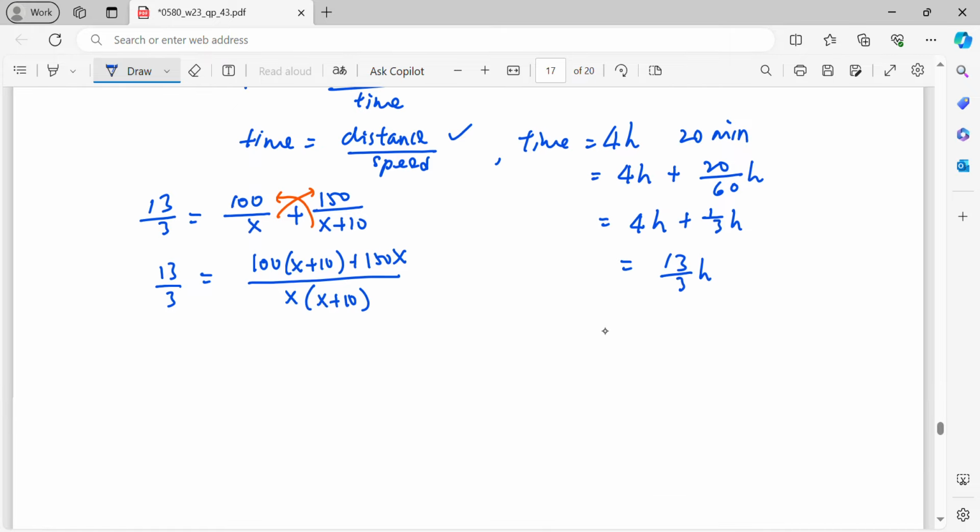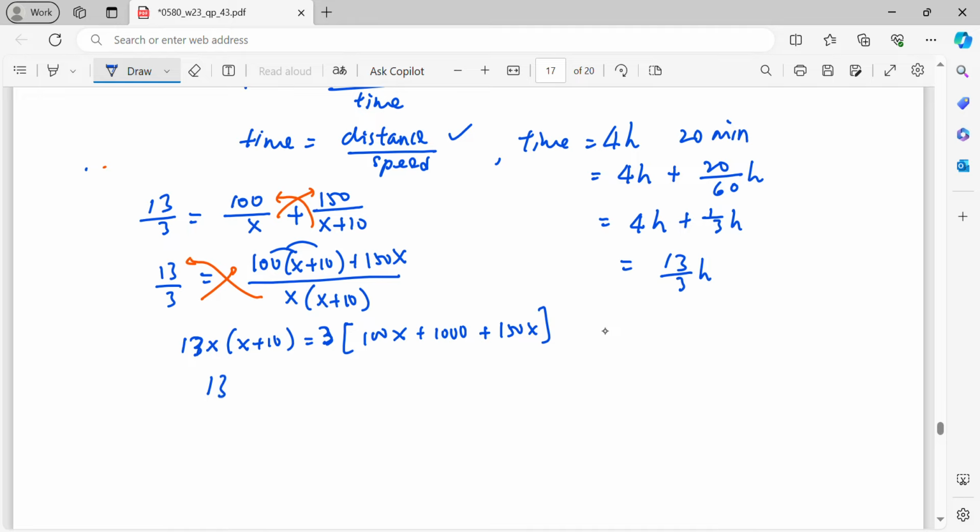Okay, then now from here I cross multiply again. So this one moves up, the 3 moves to the other side. So here I will be getting 13x times x plus 10 equals 3 times 100. This one you can just expand: 100x plus 1000 plus 150x.